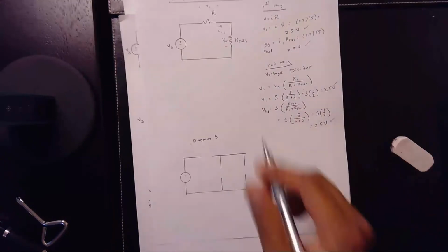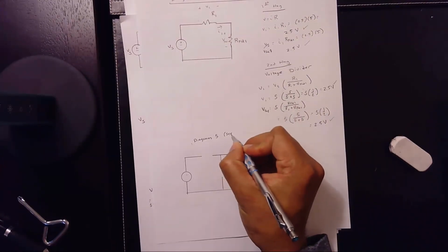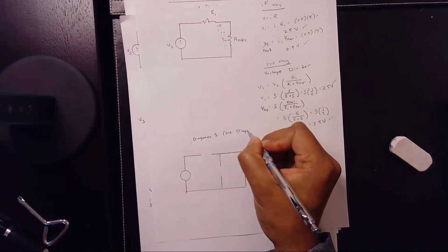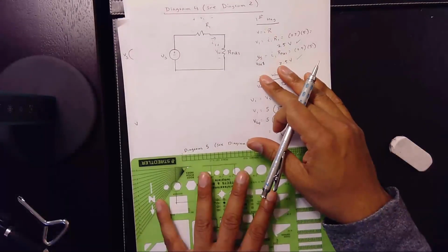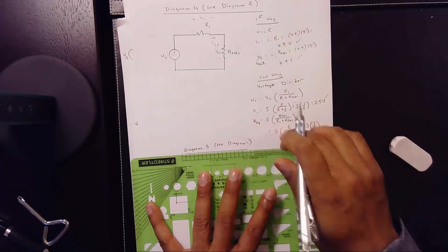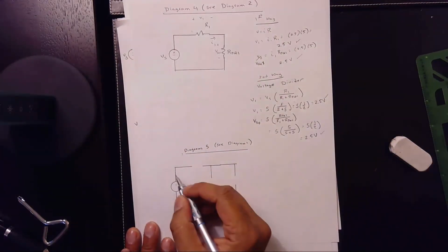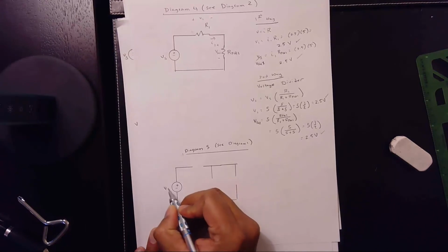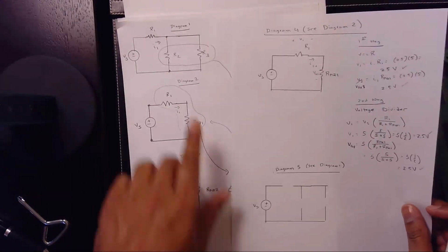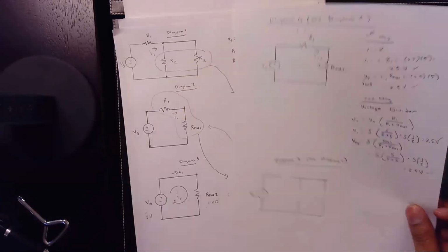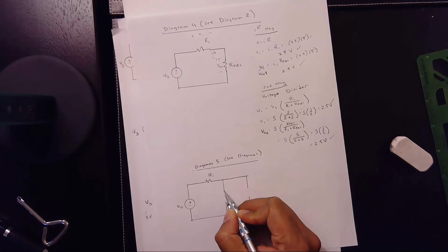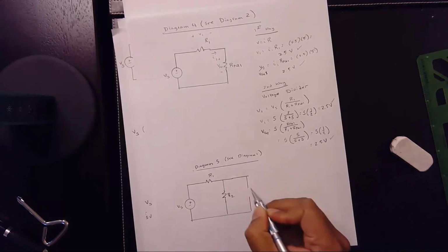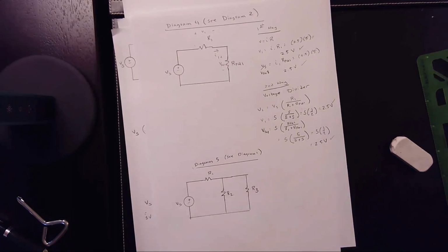Okay, and I'm sorry about the sloppy writing. This is kind of a lot of tracking here. So this is VS is here. I'm going to copy diagram 1 over: R1, R2, R3, just like that. Okay?